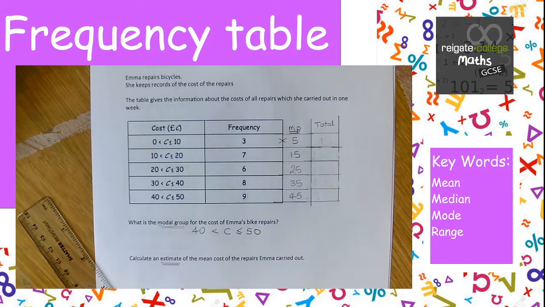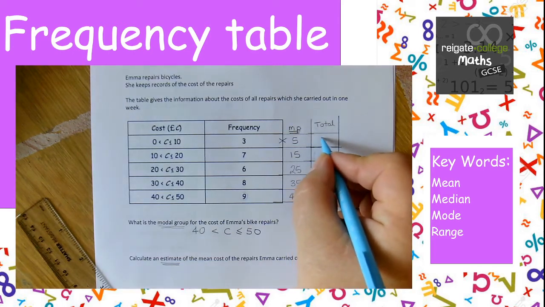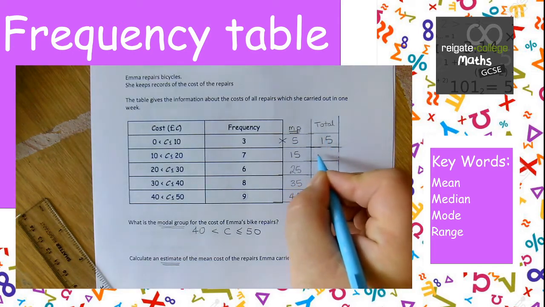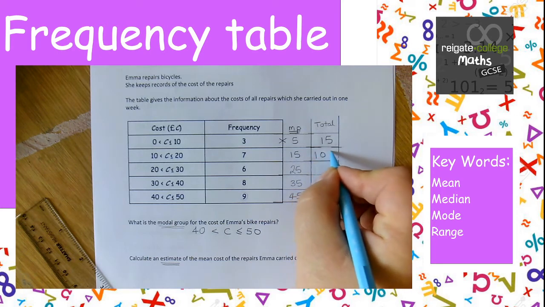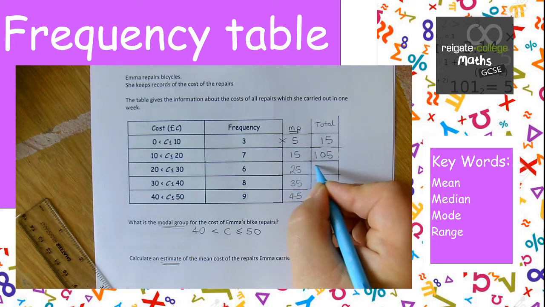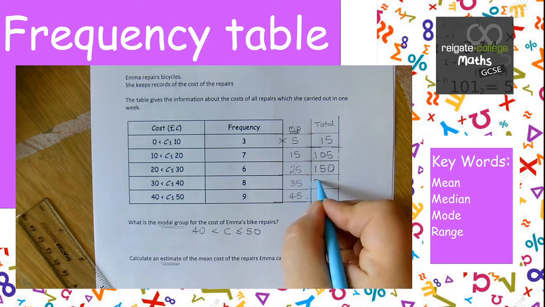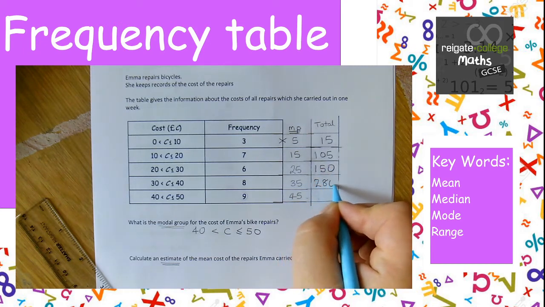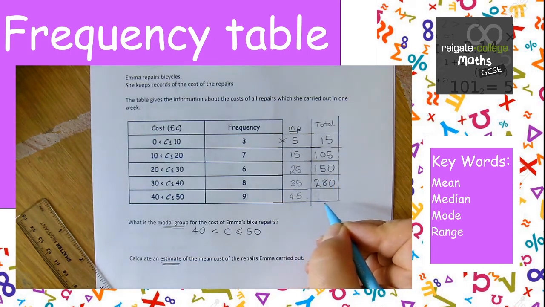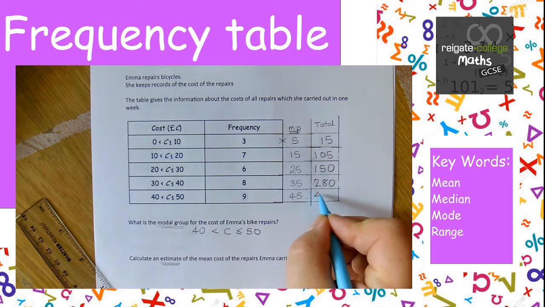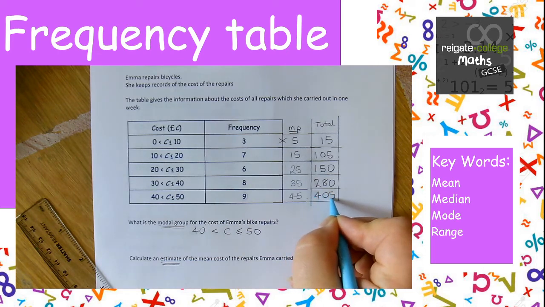So to work out the total spend in Emma's repair shop over the 1 week, I'm going to multiply the frequency by the midpoint. 3 5s are 15, 7 15s are 105, 6 25s are 150, 8 35s are 280, and the final calculation, 9 people spending an estimate of £45 is £405.